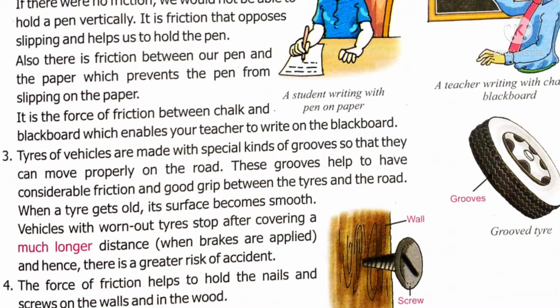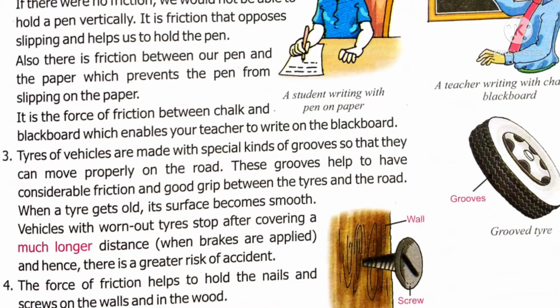So this irregular surface brings more grip. It holds things together, so it will not slip when the vehicle runs on the road. So with more irregularities on the surface, there exists more friction.